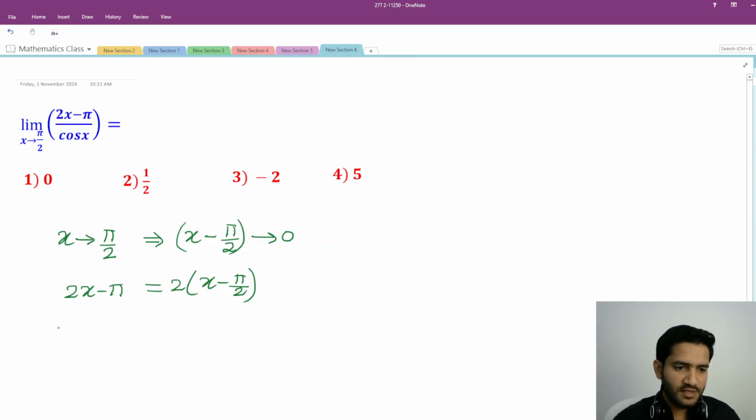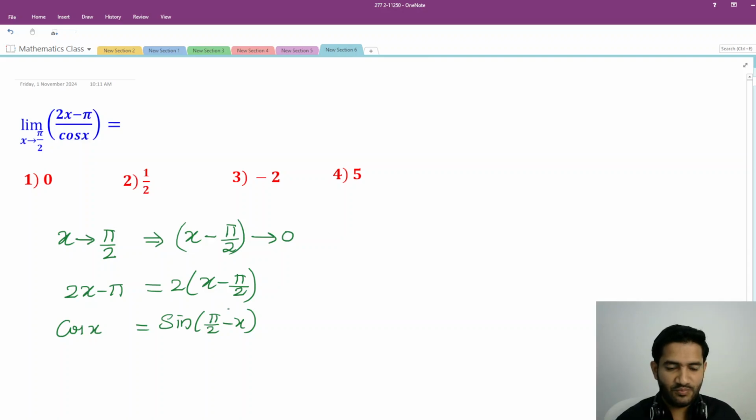Then how can we convert cos x? First of all, this is cos. We want to convert the entire trigonometric function into sine, and we want to introduce x minus pi by 2. So we have an identity related to sine. That means cos x is equal to sine of pi by 2 minus x.